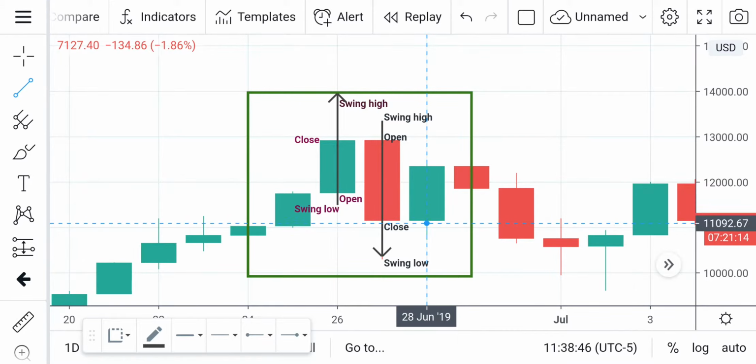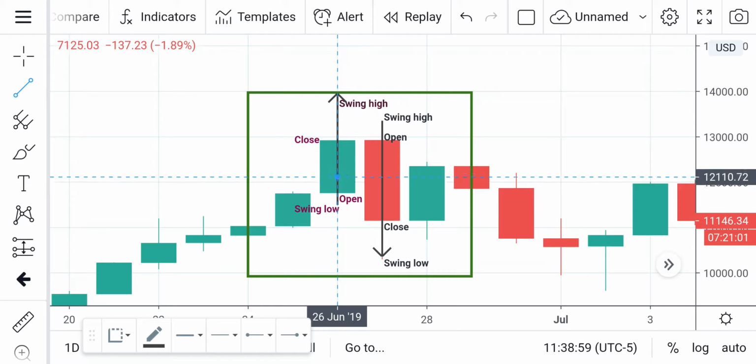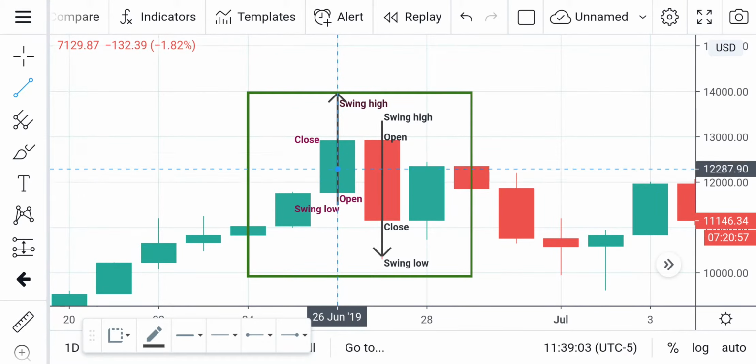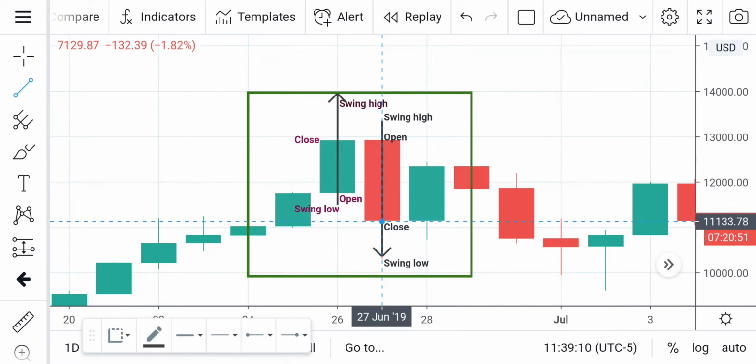Then that's when you have this candle. This is a bullish candle. So you can see for a bullish candle, the price opens below and closes above. But for a bearish candle, the price opens above and closes below.